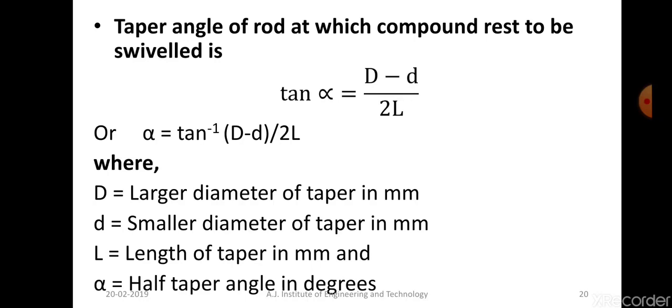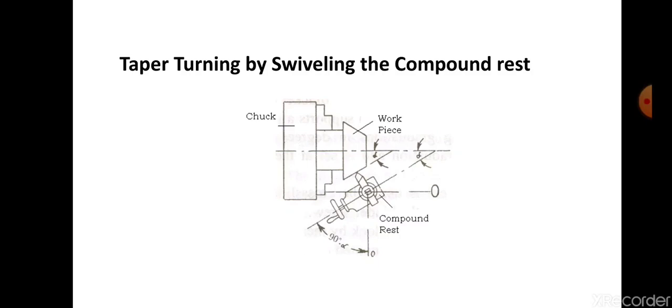It has to be tilted by an angle so that it moves across. That is what is represented in the sketch here. I hope you can see the sketch, isn't it? Now if you see, the tool is not kept perpendicular to the axis of the workpiece, rather it is inclined to the axis, and that inclination is called alpha.